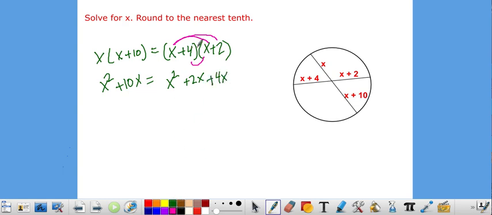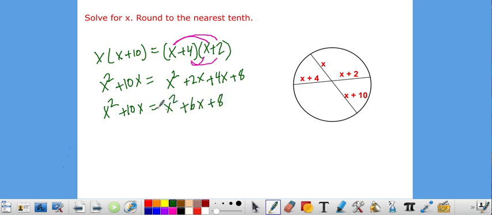And then you do last. 4 times 2 is 8. In theory, all of you have done that in Algebra 1. We've done it a few times this year, but that's foiling. It's basically distributing the x to both pieces and the 4 to both pieces, just in a specific order. We can clean up the right side to x squared plus 6x plus 8.